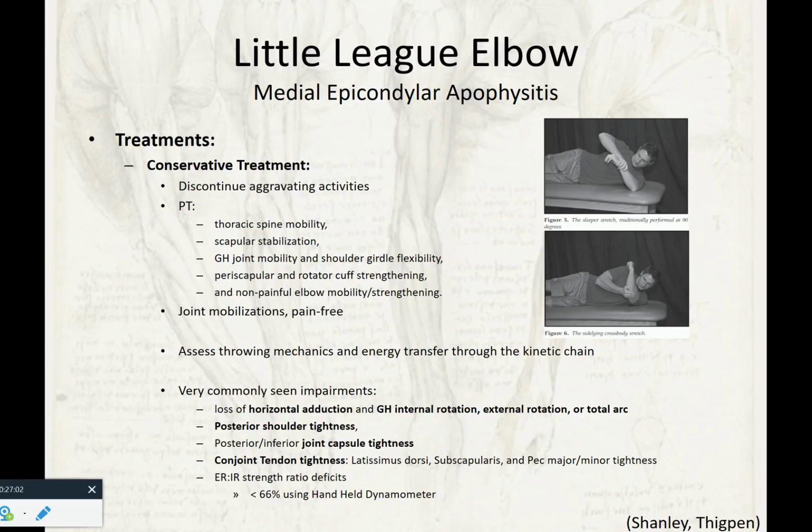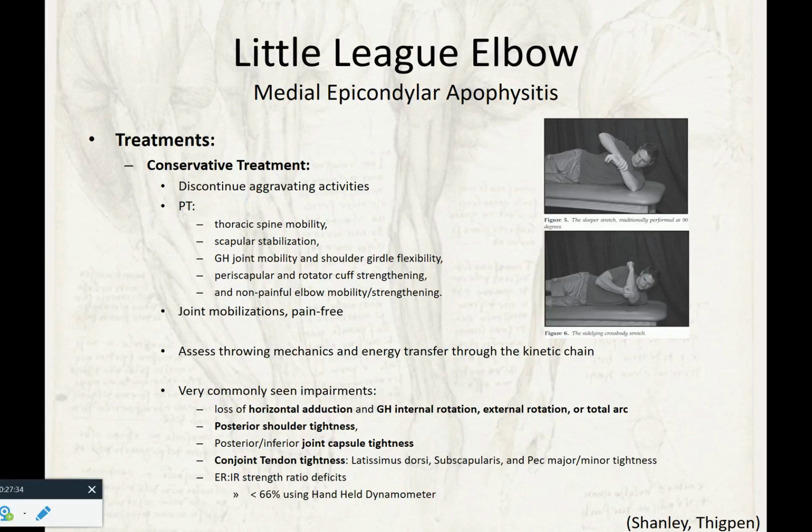You want to assess their throwing mechanics and energy transfer throughout the kinetic chain. And very commonly seen impairments, I can't stress this enough, are loss of horizontal adduction and internal rotation at the glenohumeral joint. They could also have loss in external rotation, and if they have both internal and external rotation loss, we would consider this a loss in their total arc of motion. They also have posterior shoulder tightness, and posterior or inferior joint capsule tightness.